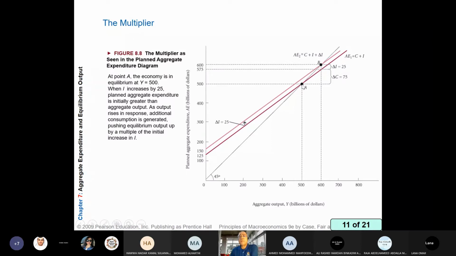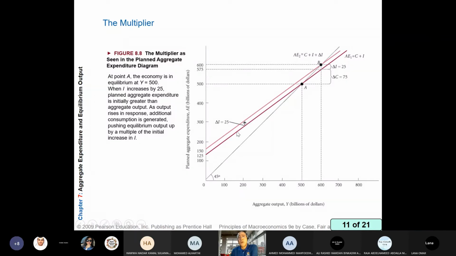Okay, so as we discussed before the break, equilibrium can be reached when aggregate output equals planned aggregate expenditure at 500. So point A is the initial equilibrium point. Assume now business sector decided to increase planned investment by 25.